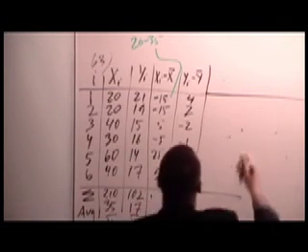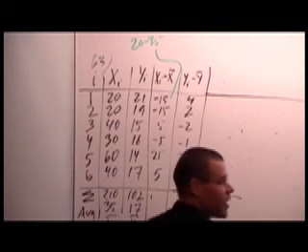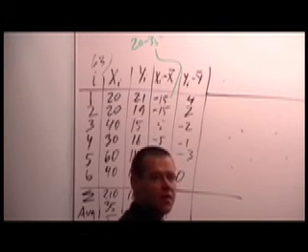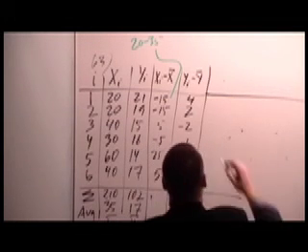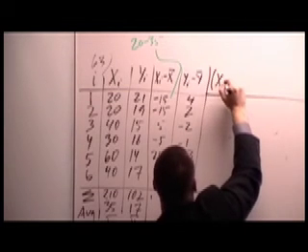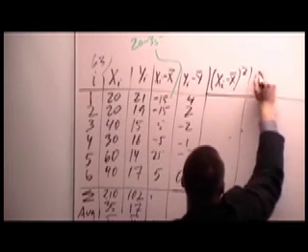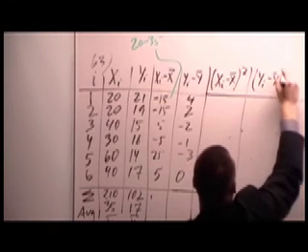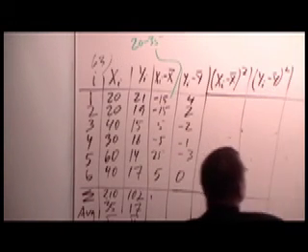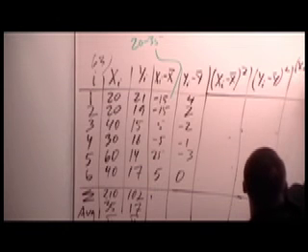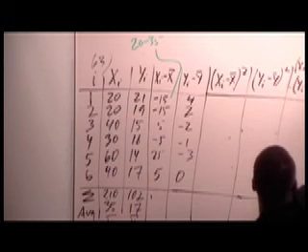Okay, so now we've got to square these things, right? Because we want to calculate the sum of squares of the x's, sum of squares of y, and sum of squares of cross products. So we take xi minus x bar squared, yi minus y bar squared, and xi minus x bar times yi minus y bar.